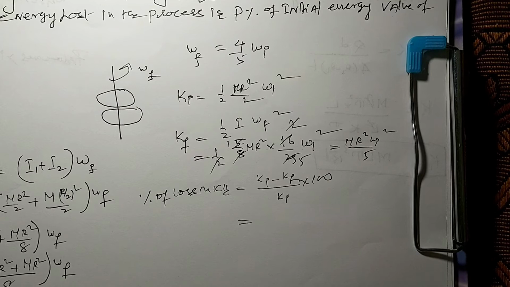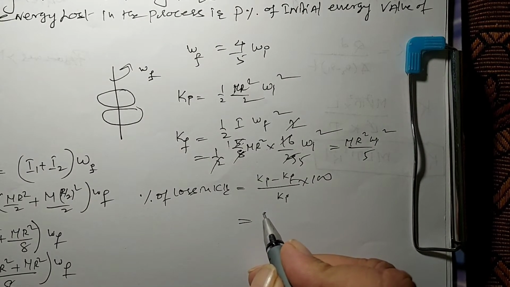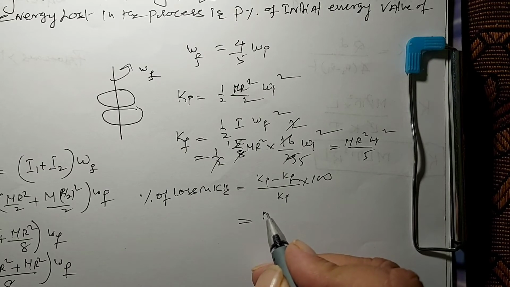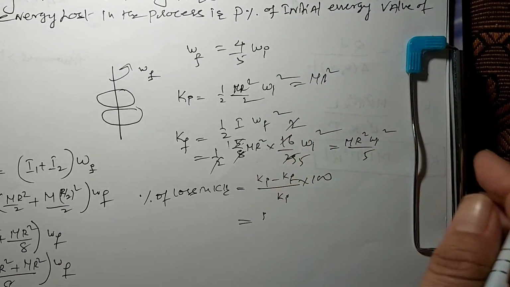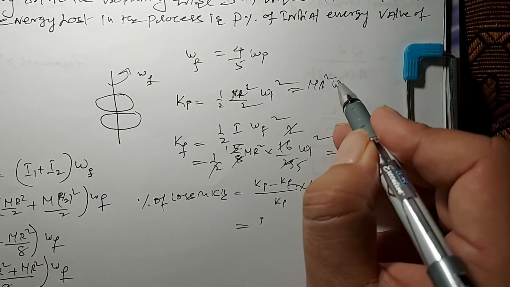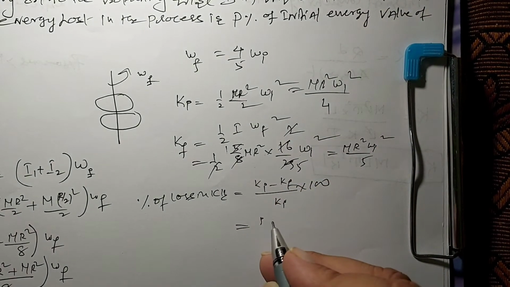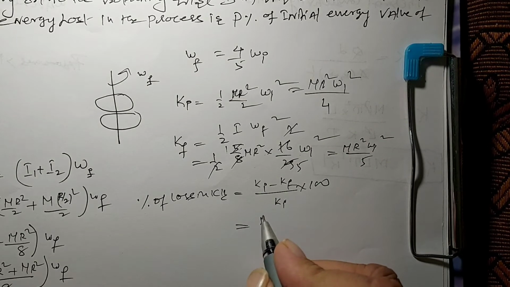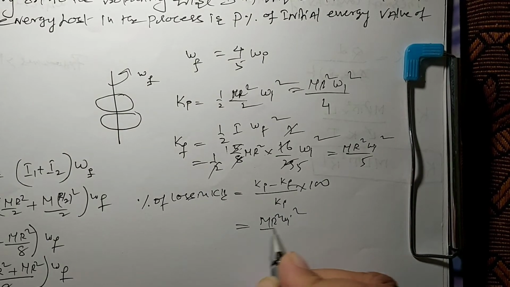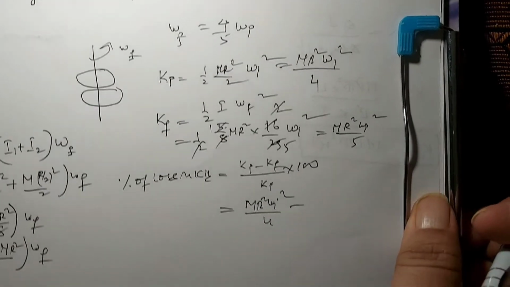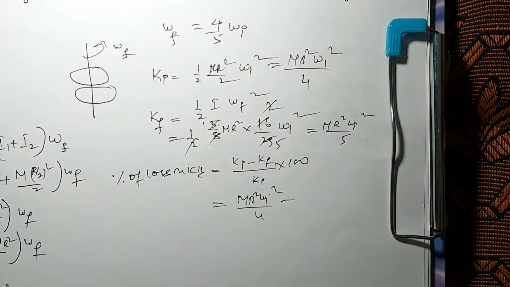Now K initial is equal to how much here? mr square by 4, mr square omega initial square by 4. Now here K initial is equal to mr square omega initial square by 4, minus what we write here?